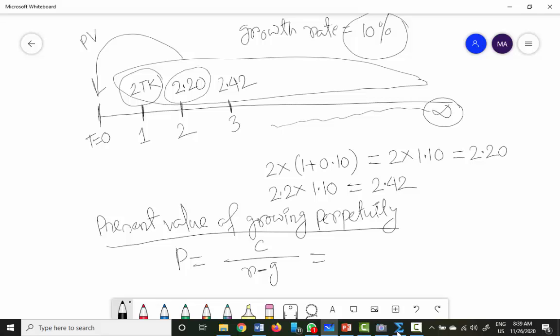So this dividend, the first cash flow, is C. The cash flow that hasn't received the growth, that means the initial cash flow, is C, right? So C is here 2 taka.